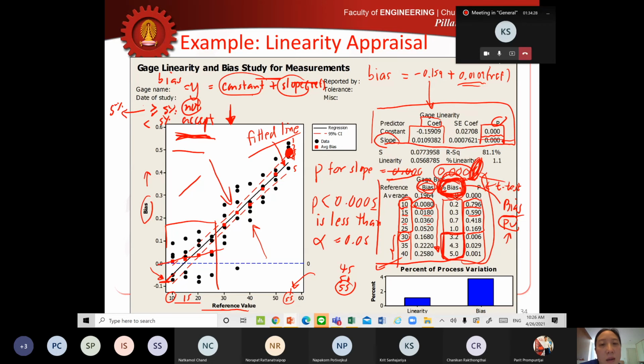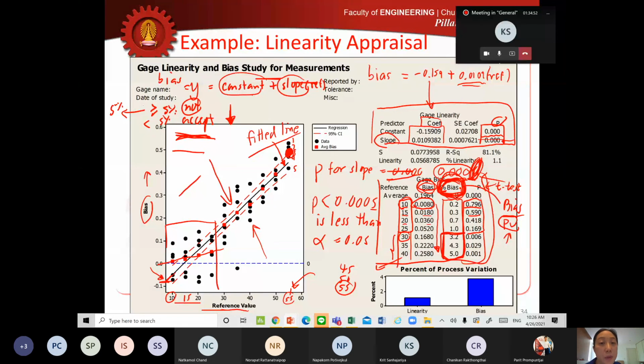Okay, one more time. We do not accept it because it's equal to 5%. You have to tell me which indicator you are looking at.